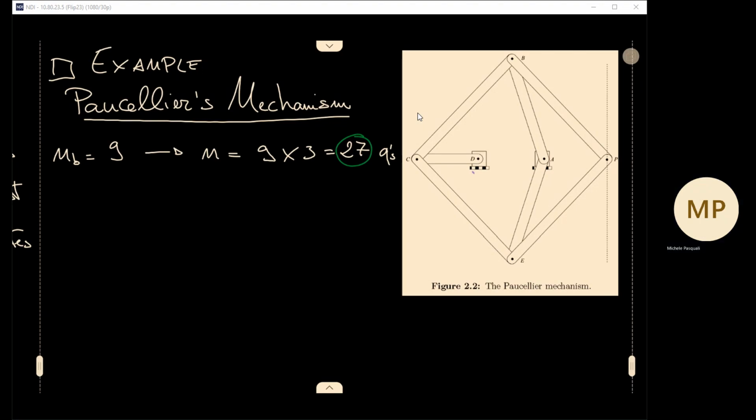Now let's see how many constraints we have. Okay, so I say that here we have a fixed constraint, because here what would be the engine is fixed to the ground. So how many constraint equations do you need to characterize a fixed constraint? So it has to limit what? All 3 degrees of freedom.